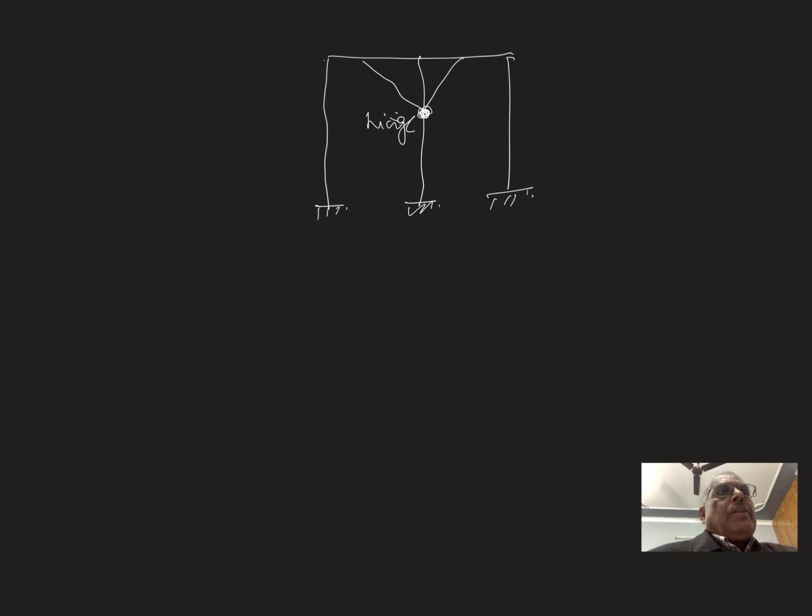Now I am taking another problem of the same kind, so that you have a variety of problems. Now this is the hinge. If I apply Henderson's rule, you have to make it rigid. But R dash is nothing but the number of members meeting at the joint minus 1.